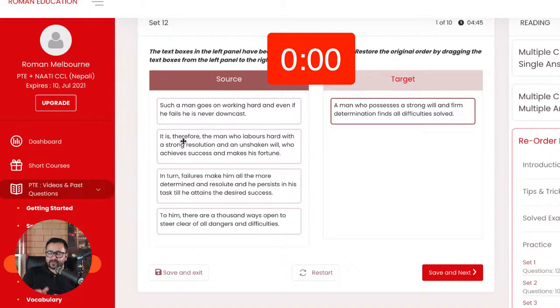And "to him" is a pronoun. Pronouns are used to avoid the repetition of a noun. That means you must have used a noun before you use a pronoun. So now let's put all of these things together. Let's summarize all of these points and create some tips here, some tricks here. What it means is most of the first sentences do not start with pronouns or linking expressions or demonstrative adjectives.